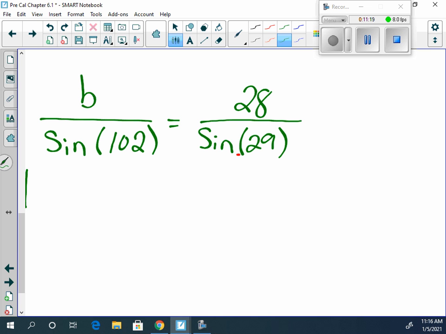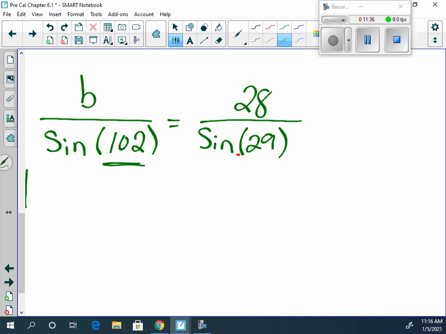I'm going to use this, and there's a reason for it, and we'll see it here in a minute. So we're doing the same setup. The only thing I really changed was what? This angle here. Because everything else is the same.